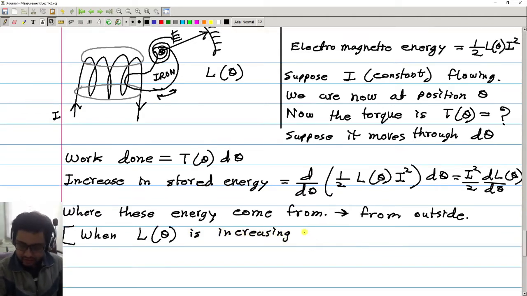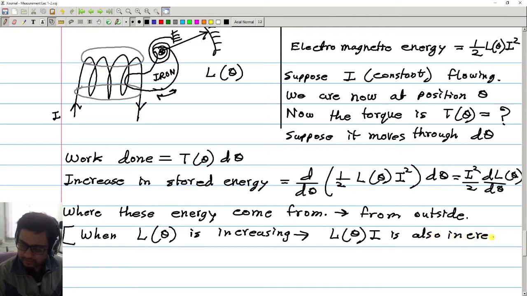When L theta is increasing, then the flux linkage, which is given by L into I, is also increasing. And if flux linkage is increasing for this coil, then according to Faraday's law, there must be a voltage induced in this coil.